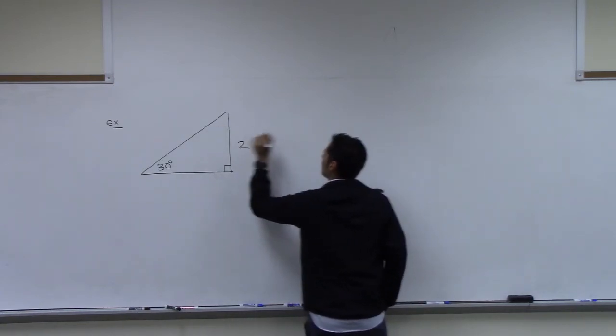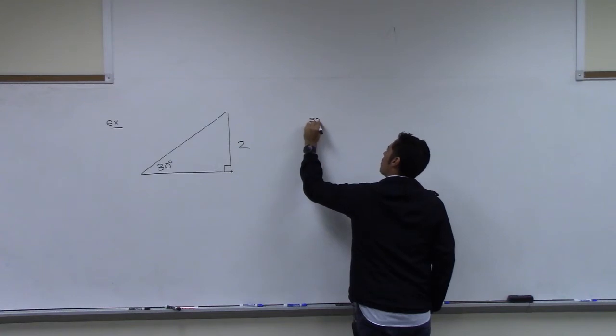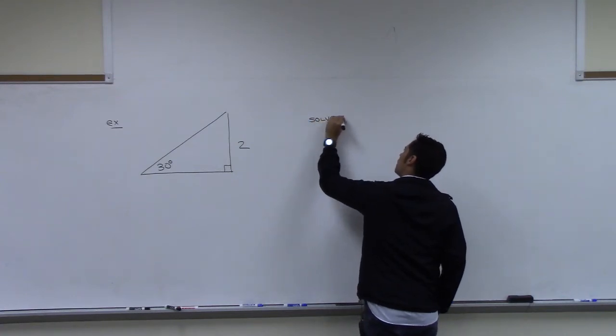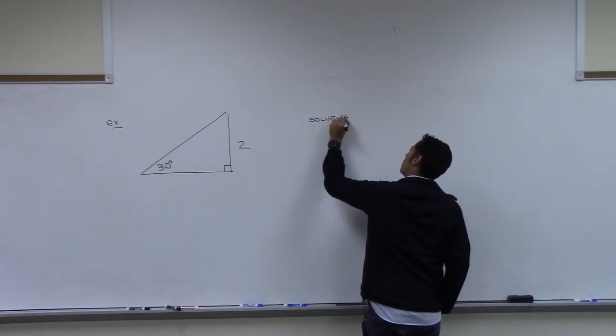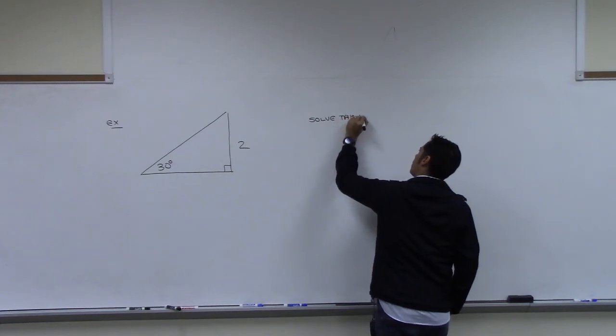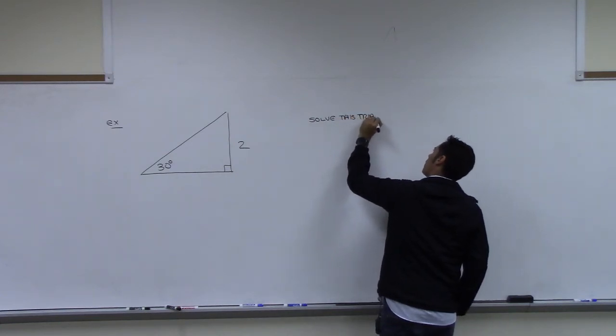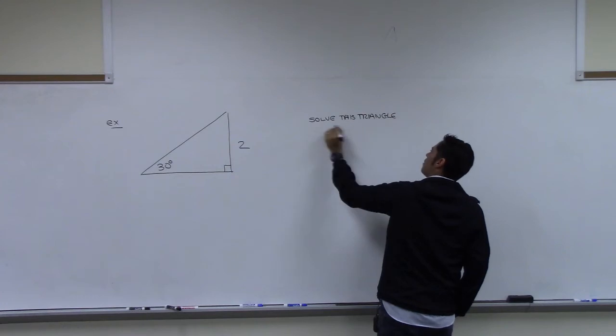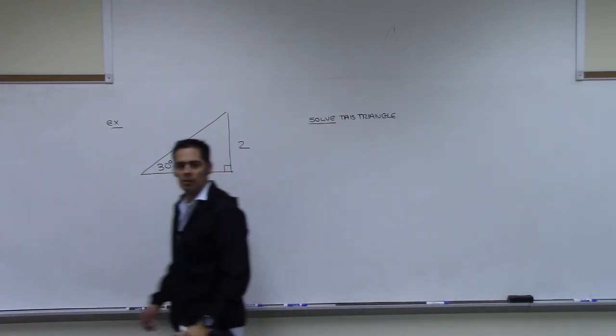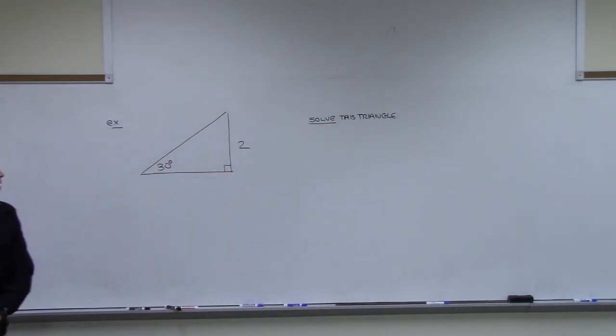Label, we'll leave that. Solve this triangle. What do I mean by solve this triangle? That means give me all the angles and give me all the sides. Give me every angle and every side on that triangle. That's all I'm providing you.